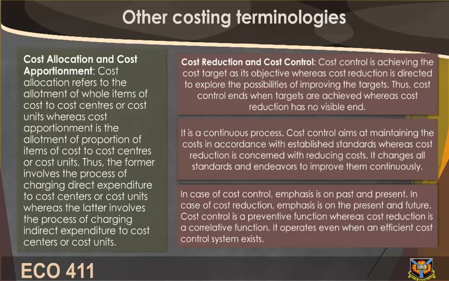Cost allocation and cost apportionment. Cost allocation refers to the allotment of whole items of cost to cost centers or cost units, whereas cost apportionment is the allotment of proportion of items of cost to cost centers or cost units.